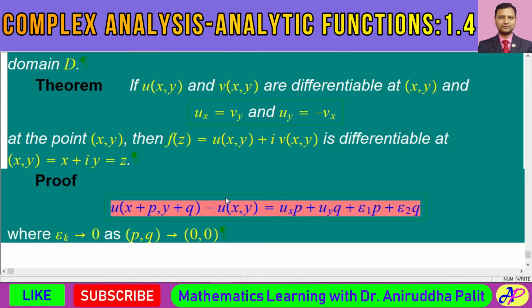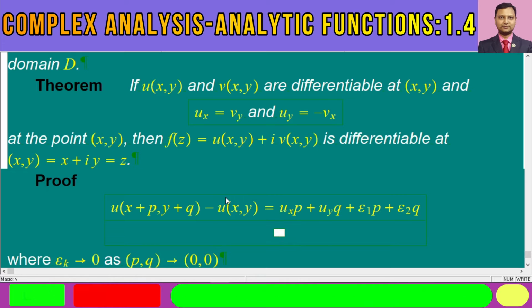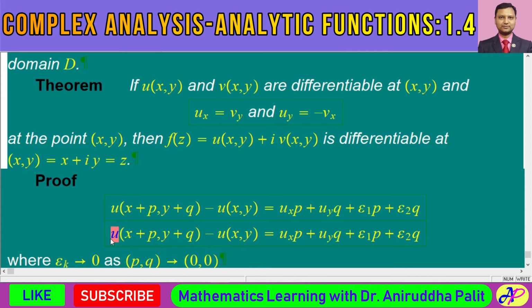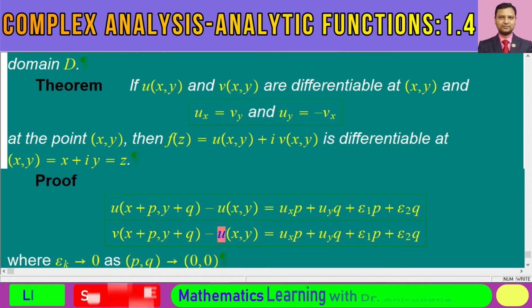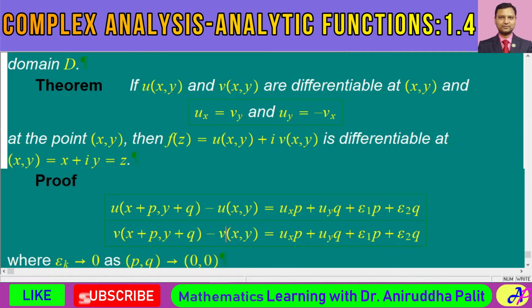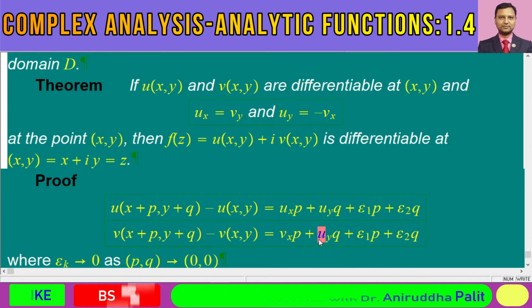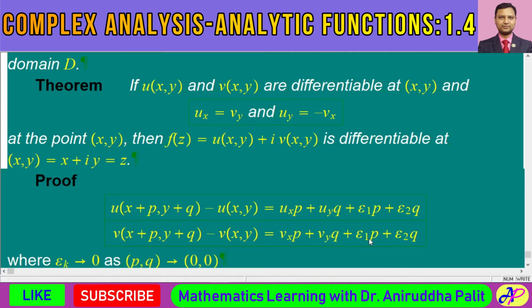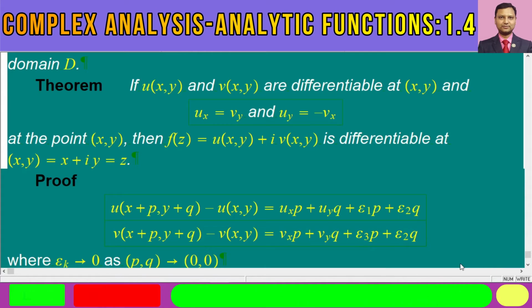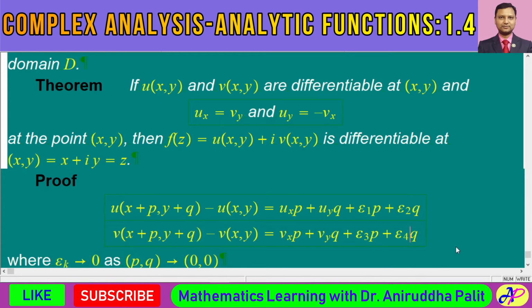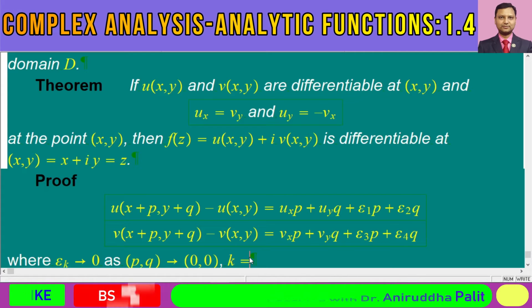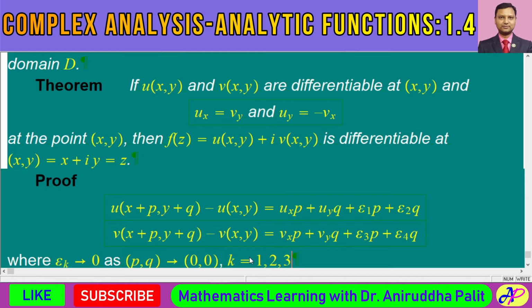Similarly, for the function v, we will have a similar expression: v of x plus p comma y plus q minus v of x comma y is equal to the partial derivative v_x into p plus the partial derivative v_y into q plus some other epsilons, epsilon 3 into p plus epsilon 4 into q, where epsilon k tends to 0 as p, q tends to 0 comma 0, with k equal to 1, 2, 3, 4.